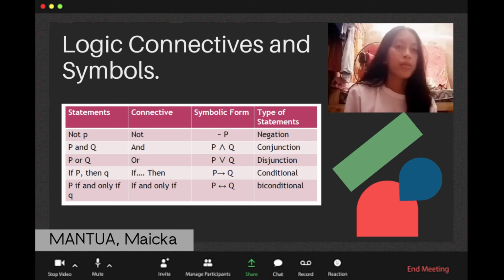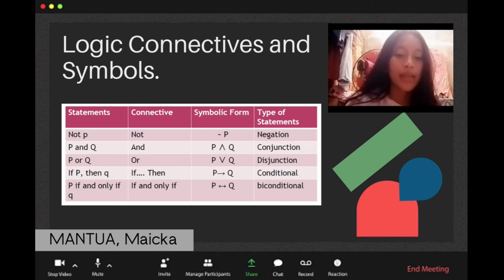So those are the logic connectives and symbols. Statement: not P, connective: not, symbolic form: negation of P, type of statement: negation. P and Q, connective: and, symbolic form: P and Q, type of statement: conjunction. P or Q, connective: or, symbolic form: P or Q, disjunction.